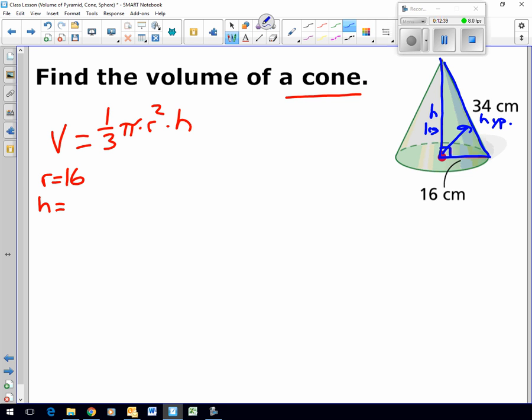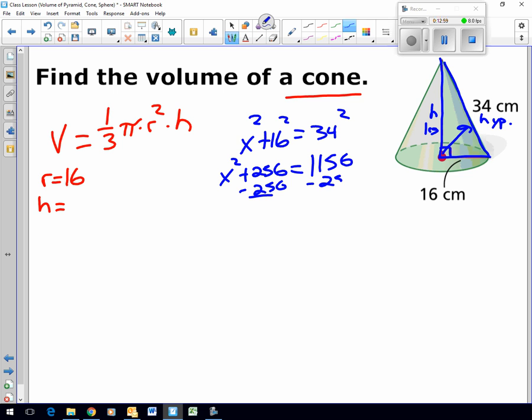We're going to use the Pythagorean theorem. X squared plus 16 squared equals 34 squared. X squared plus 256 equals 1156. Subtract 256. 900. Okay.